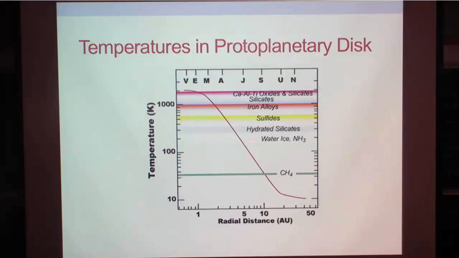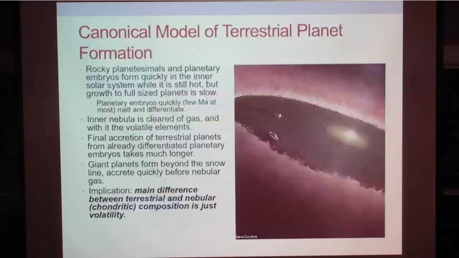As we move outward, at some point almost everything's in the gas, and then the nebula begins to cool, and things condense out of the gas. Jupiter is out here, beyond what we call the snow line, where water ice condenses or even never evaporates, while the inner solar system is still hot.